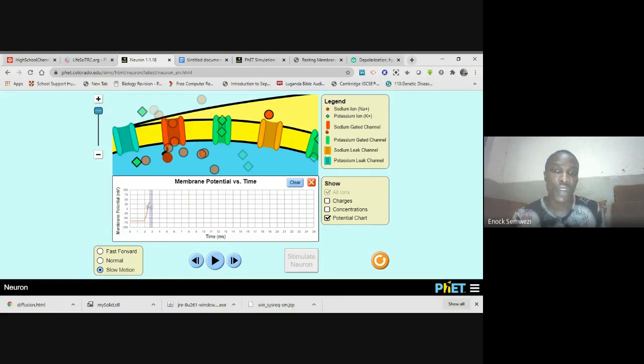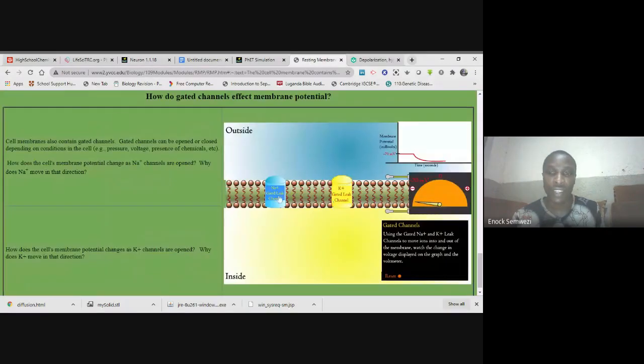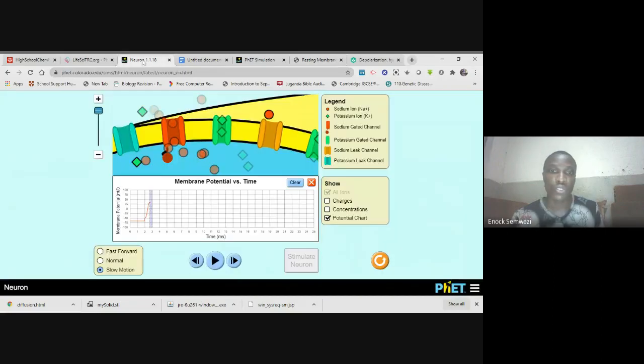The potential here increases. If I was to take you back to our voltmeter, you find that when the sodium ions enter, the membrane becomes more positive. That's why on this neuron we are saying that there is a rise in the membrane potential.